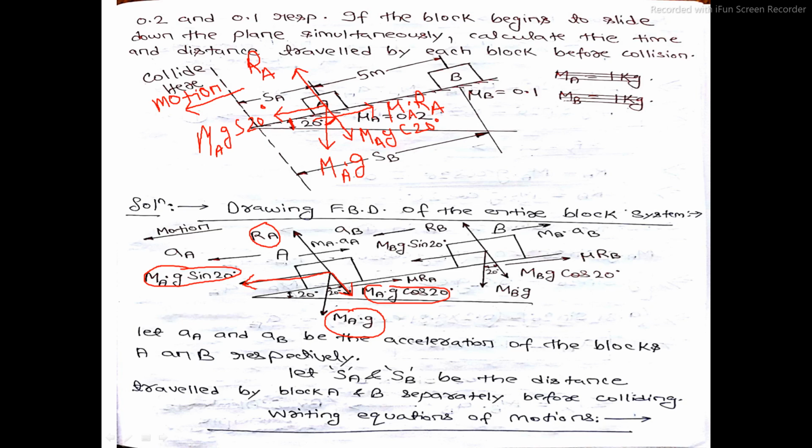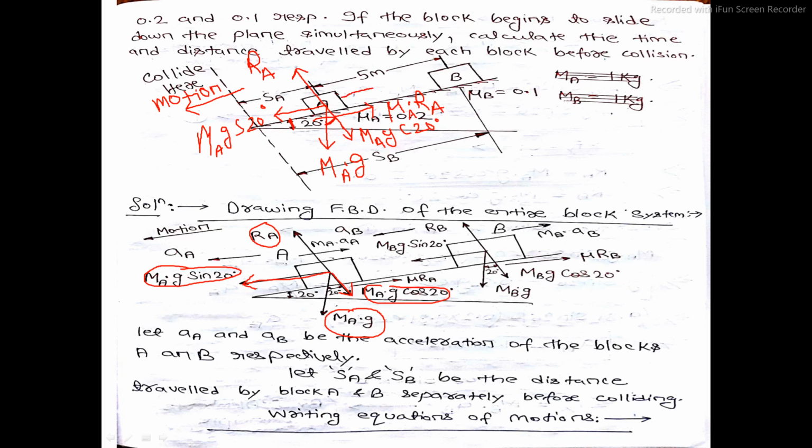Is the FBD of block A complete? Or whether I have completed the free body diagram of block A? No, it has not been completed. Why? Because we have not taken the inertia force into account. Since block A is moving down the inclined plane, the inertia force will act up the inclined plane in order to keep block A in dynamic equilibrium.